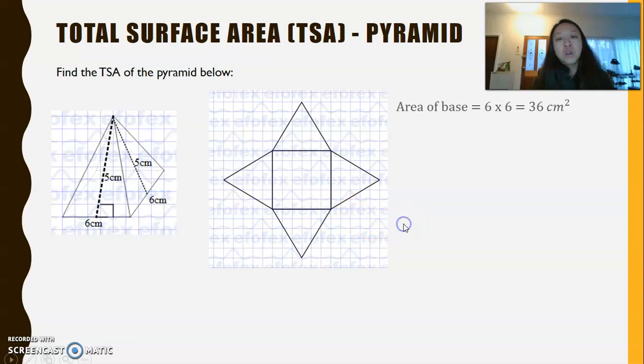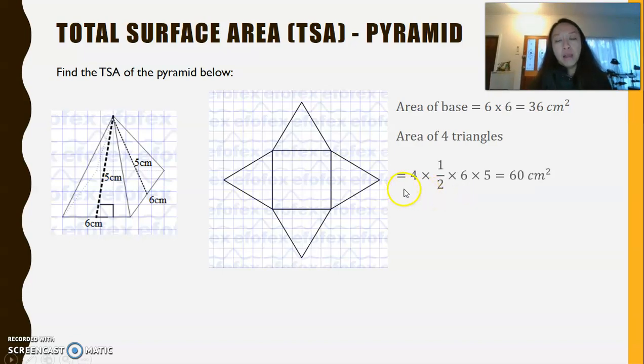In this simple example, we know that the area of the base of this pyramid is 6 by 6, so 6 times 6 gives us 36 centimeters squared. The four triangles have the same slant height and side length, so the areas of the four triangles are actually the same.